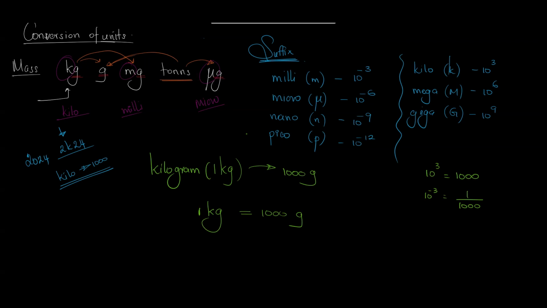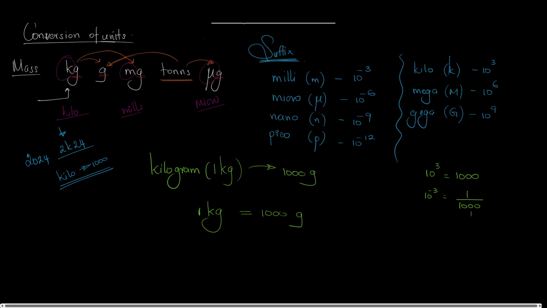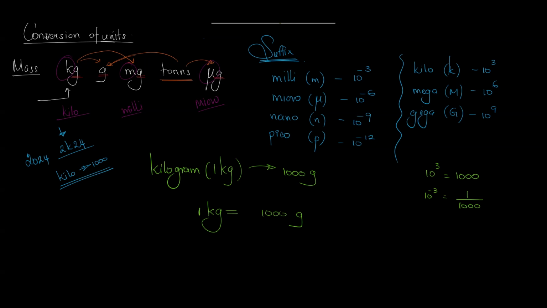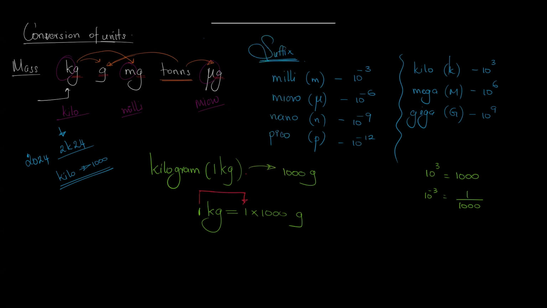So you can clearly see that I can write this 1,000 as 1 times 1,000, right? So I have this 1 here, I have this gram as well, but I do not have the kilo.